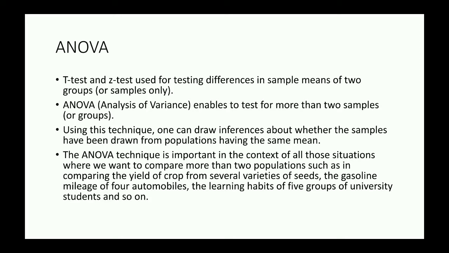Suppose there is Wagon R, Santro, Nissan Micra, and Maruti Swift. You want to compare the mileage of these four cars. The sample means of four different groups are available, so ANOVA can be used. Or the learning habits of five groups of university students, and so on. Whenever there are more than two groups whose differences have to be seen, ANOVA comes into the picture.